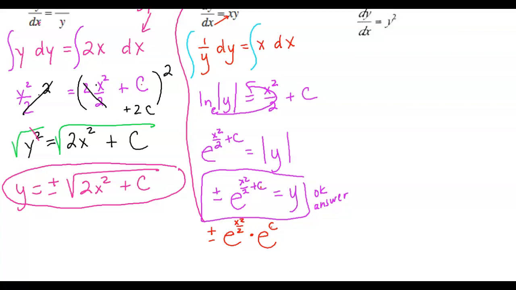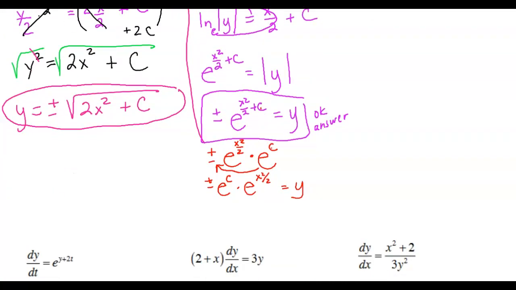Stay with me a little longer. Now, because we're multiplying, I can really put this e to the c in front. Remember, e is a number and c is a number. So this is all just a number. So I get plus or minus e to the c times e to this equals y. Okay?